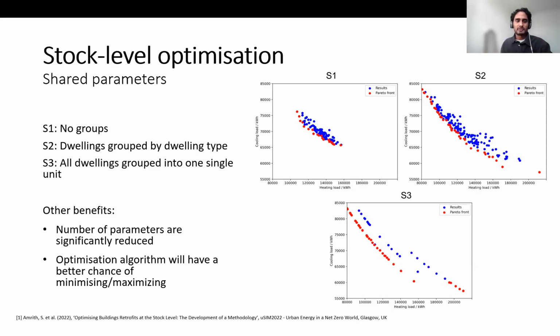So sharing parameters can actually improve the quality of results. You can see here in scenario 1, where we had lots of parameters, it's explored quite a small area of output space. However, in scenario 2, when we've reduced these number of parameters, the diversity of solutions has been improved by quite a bit. And in scenario 3, there are so few possible permutations that it seems to have just explored the entire parameter space.